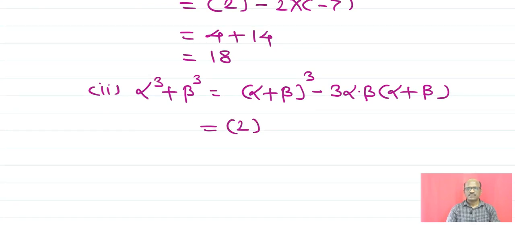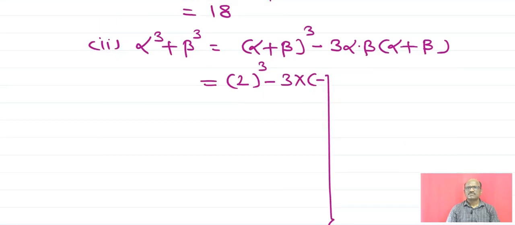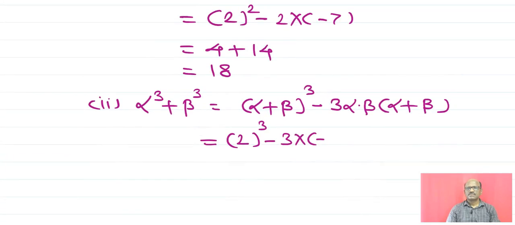So 2 cube minus 3 into minus 7 into again 2, that is 8 plus 42, equals 50.